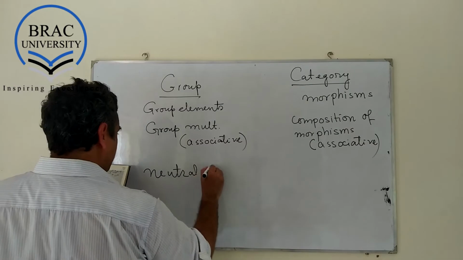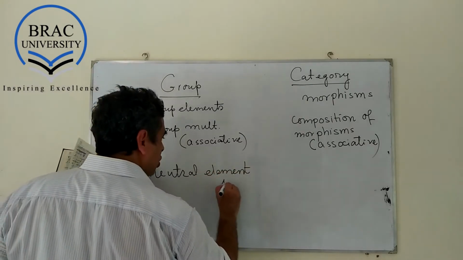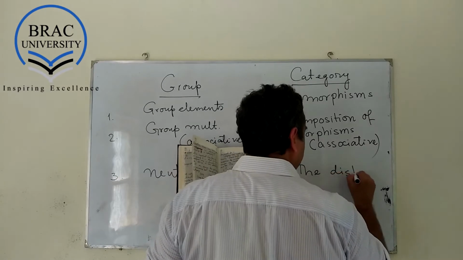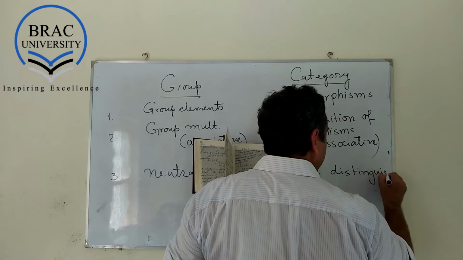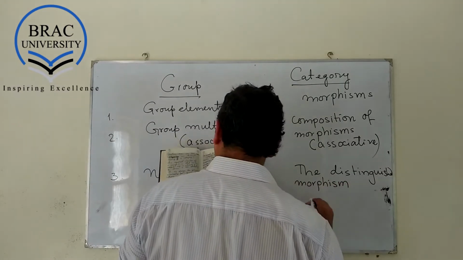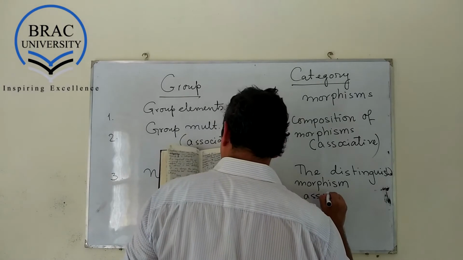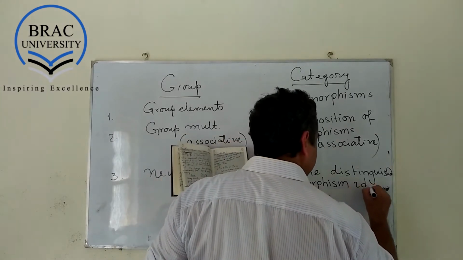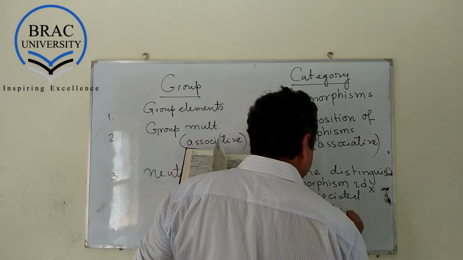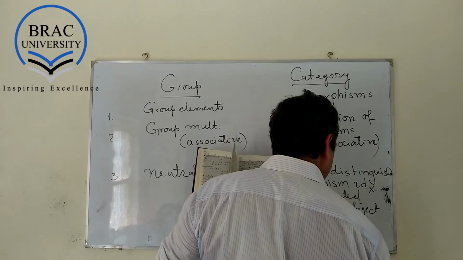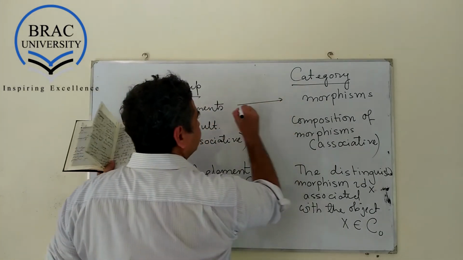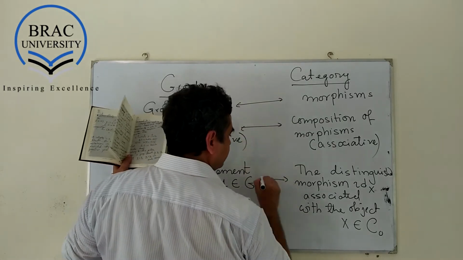On the left, we have the neutral element 1 in G. On the right, we have the distinguished morphism that we introduced in the definition of category, the identity morphism id_X associated with the object X in C0. Okay? So these are the similarities.